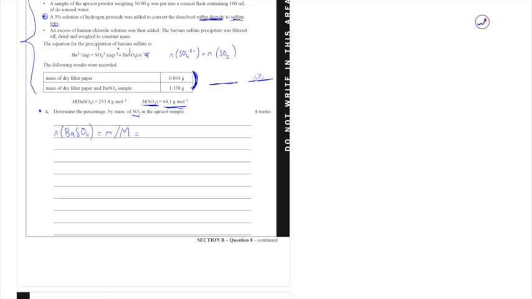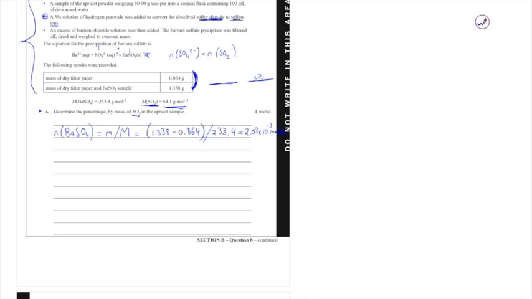And the difference between these masses, guys, that's the mass of the barium sulfate itself. So that means my mass is 1.338 minus 0.864, and dividing by my molar mass, 233.4, and that gives me a value of the moles of barium sulfate is 2.03 by 10 to the minus 3 moles.